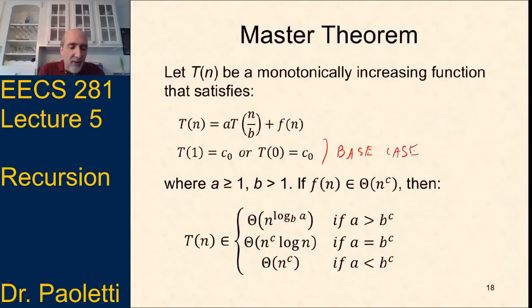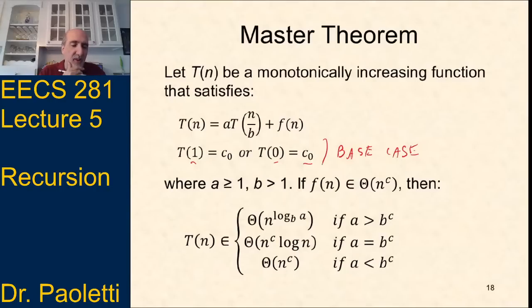It doesn't matter if the base case is when we get to n equals 1 or when we get to n equals 0. There just has to be a base case of size 1 or size 0, and the base case has to have a constant amount of work involved. So that's not too limiting. It doesn't matter if our base case is size 1 or size 2, as long as it's a constant amount of work, we've got a good base case.